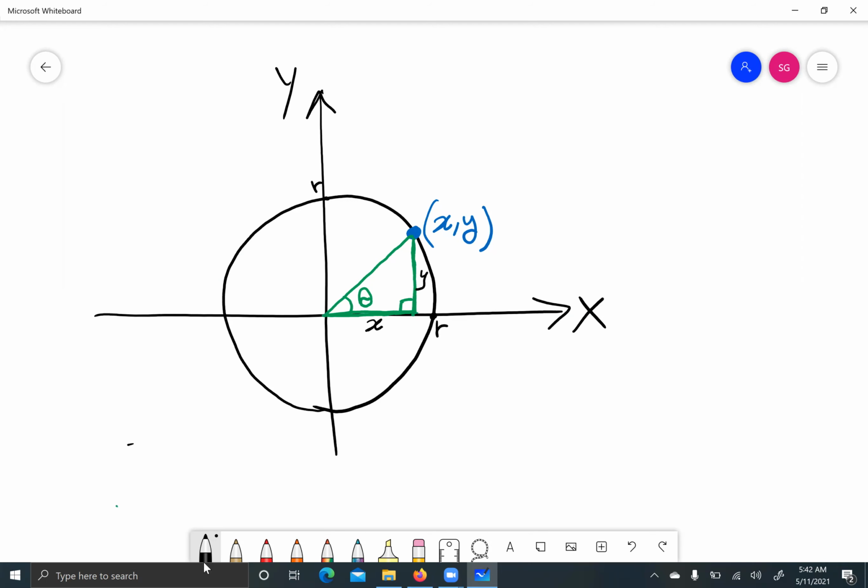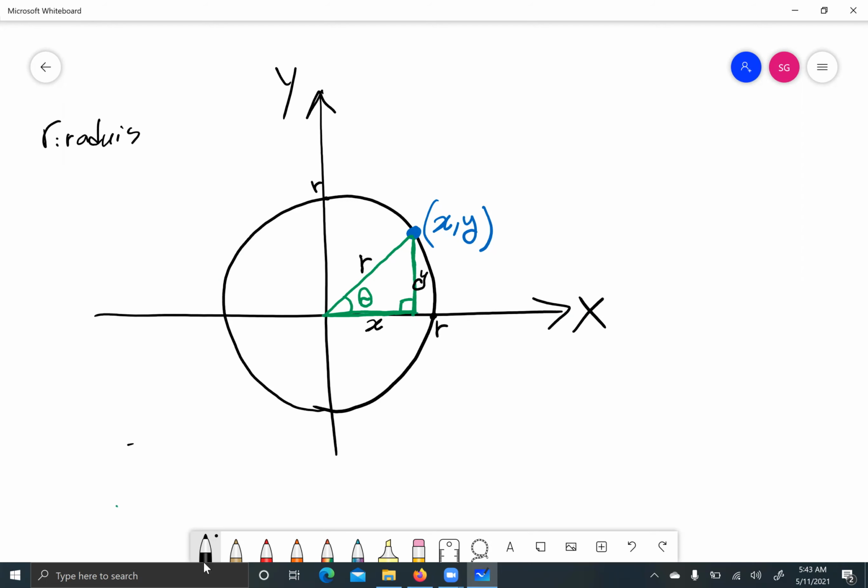This side has the value of y, the height is y, and this side is r. What is r? r is the radius of the circle. So we end up with a right triangle where we know the values of its sides.